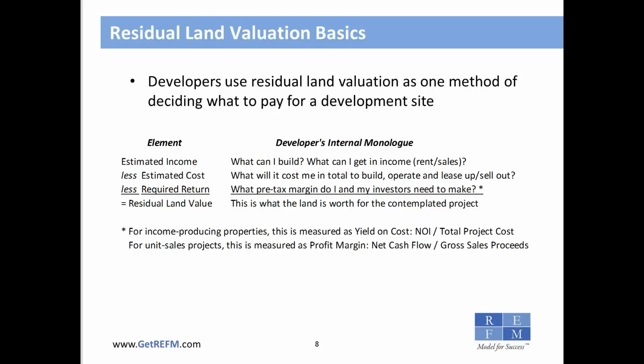If we deduct from the top line the estimated income, then the estimated cost and the required return, what are we left with? Well, if in our estimated cost we simply did not include the land value, then we are in fact left with the land value, and that is the residual amount, or the residue, or in essence, what is left over after everything else is scraped away.